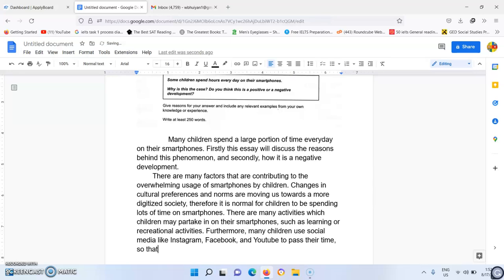So that makes them spend their time on their phones the most.